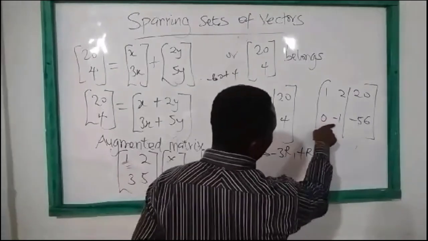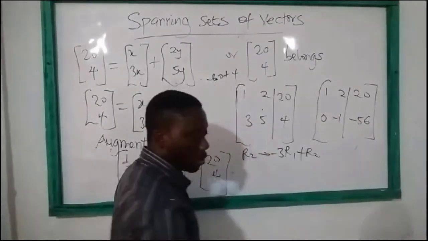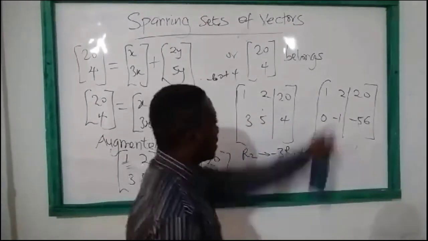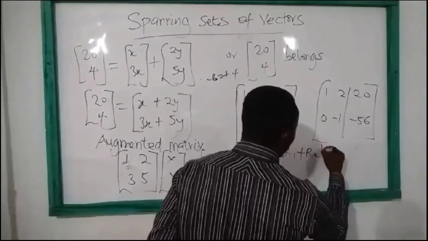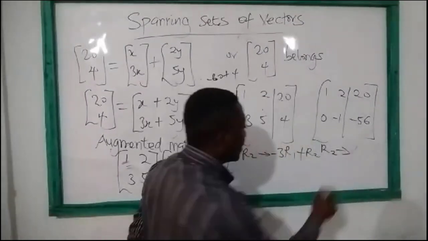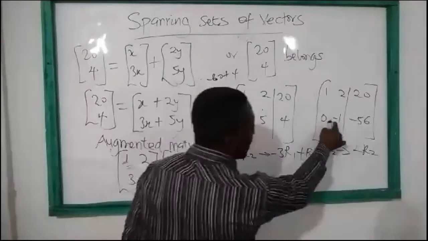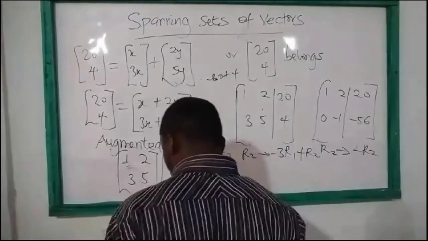So we can also get our leading one here by multiplying root 2 by negative of root 2, so that we get the leading one for the second column. From here, root 2 again implies negation of row 2, so that this side will now change to be positive.